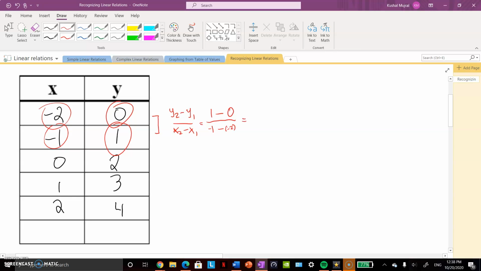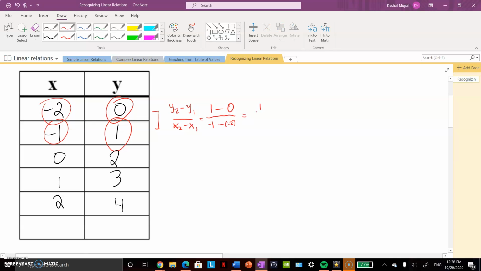That equals 1, because 1 minus 0 is just 1, and negative 1 minus negative 2 is negative 1 plus 2, which is 1. So it's 1 over 1, which is m equals 1.